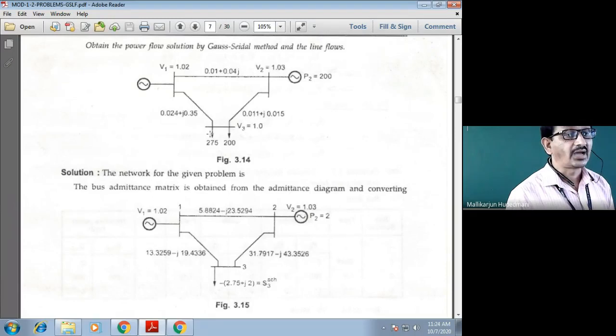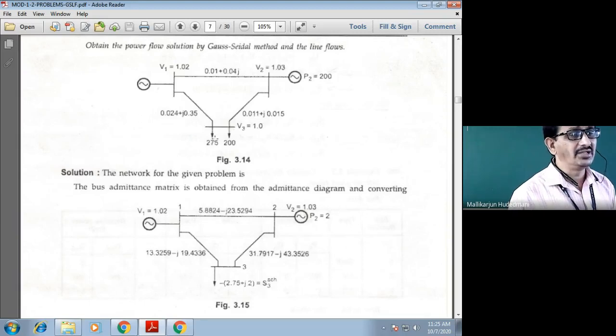Therefore, I must check whether the problem is put on paper properly or not. It is done. The impedance is converted to admittance. Then this 200 becomes 2 pu, 275 becomes 2.75, 200 becomes 2.0.